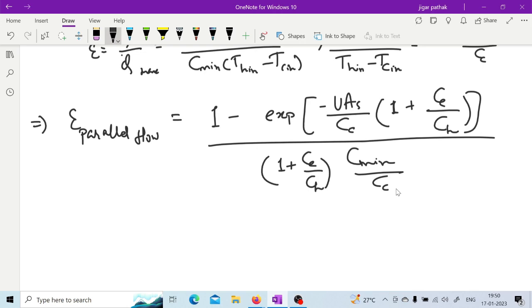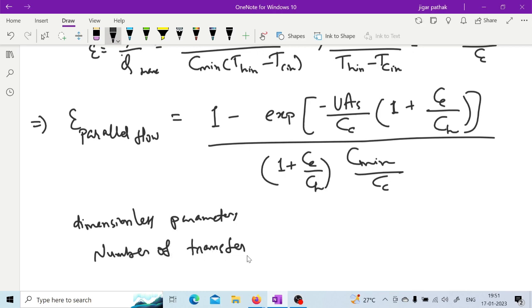Now in order to reduce the complexity, they have defined dimensionless parameters as number of transfer units, NTU. So NTU they have defined as UAS upon C minimum.